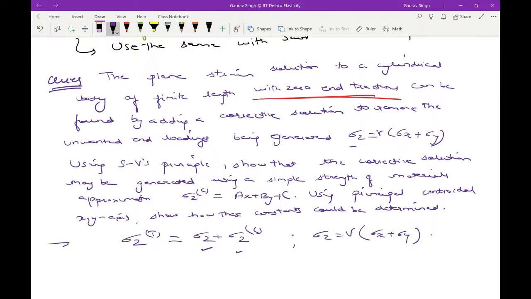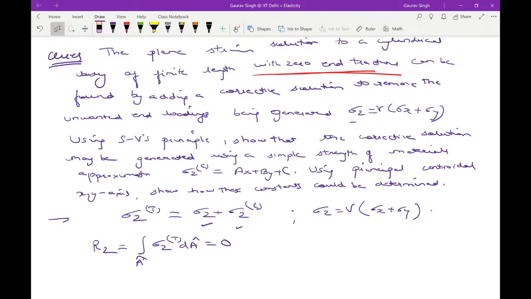Now we want to say that Rz, which is the integration over this area, let's call this A hat, of sigma z total dA is equal to 0. So there should be no resultant force, and that would mean that the integral over A hat of sigma z plus sigma zc dA hat is equal to 0.